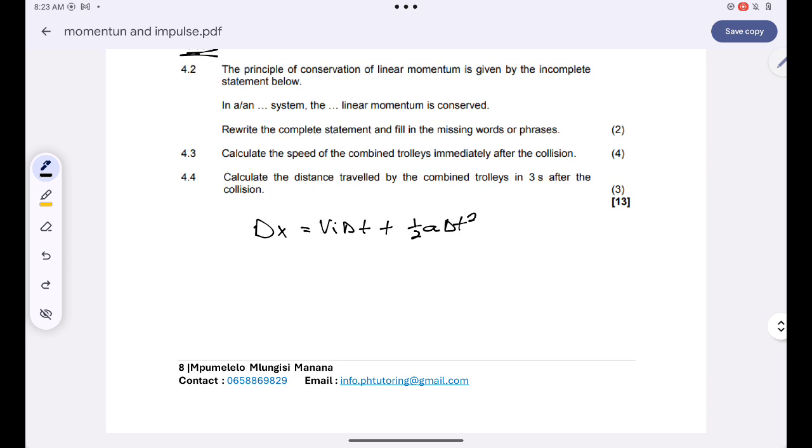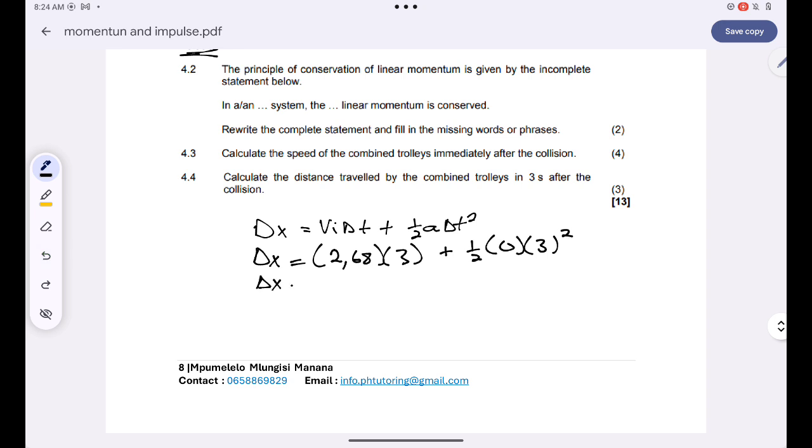So in this case, I can simply find the distance traveled because I do know the velocity. That's 2.68 meters per second. The time is just 3 seconds, plus 1 over 2 multiplied by 0 and then multiplied by 3 squared.